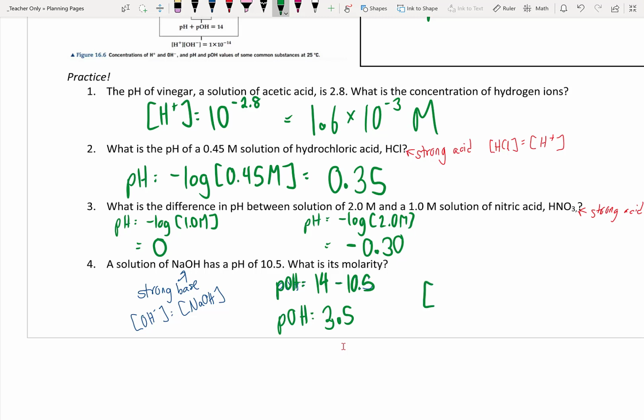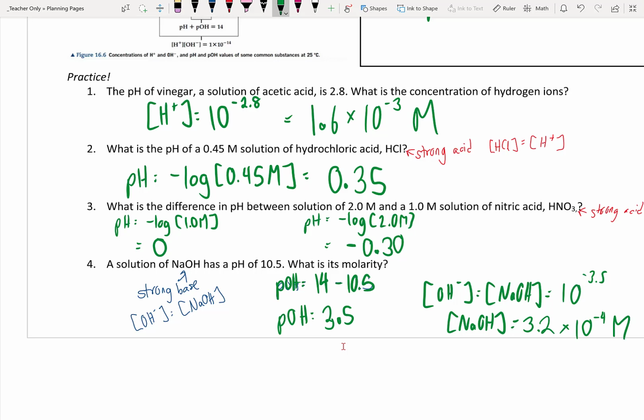So our concentration of OH minus, which will equal our concentration of NaOH, will be 10 to the negative 3.5, which is 3.2 times 10 to the negative 4 molar.